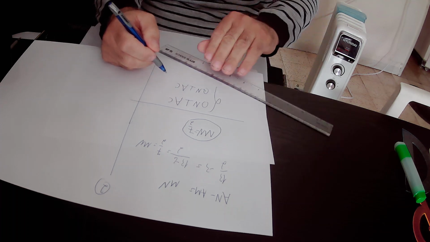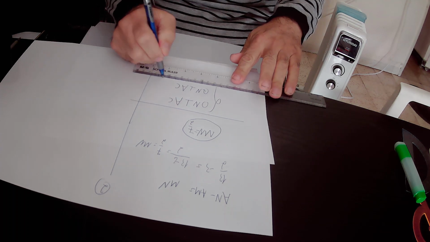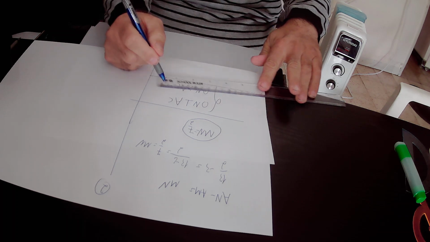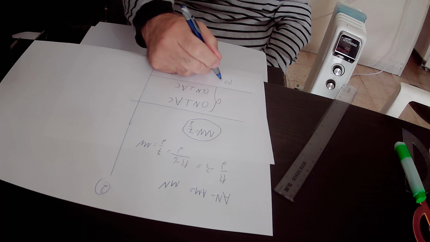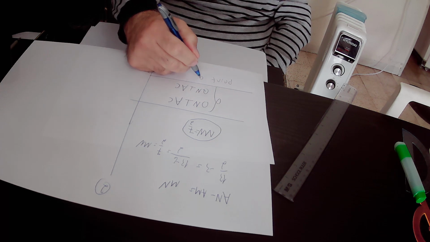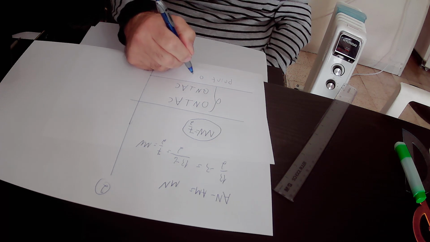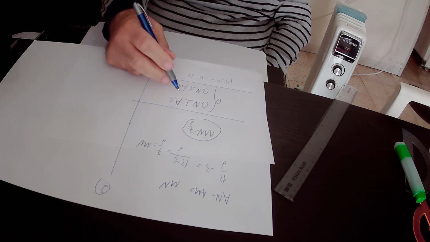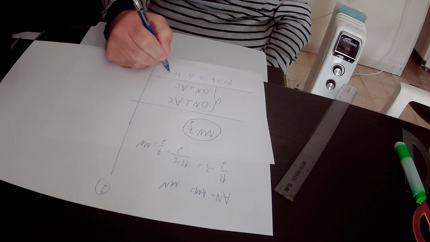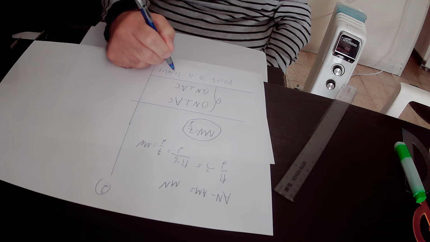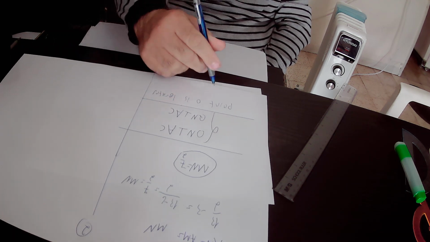And from those two equations, QN perpendicular to AC and ON perpendicular to AC, we derive that point O must be located on the radius QN.